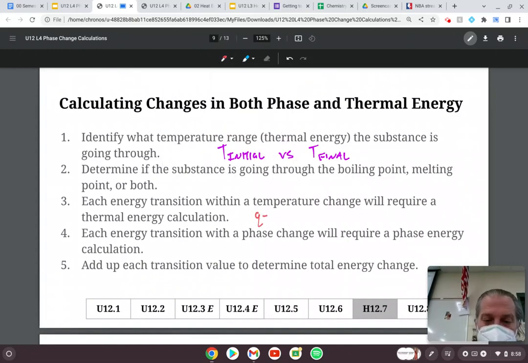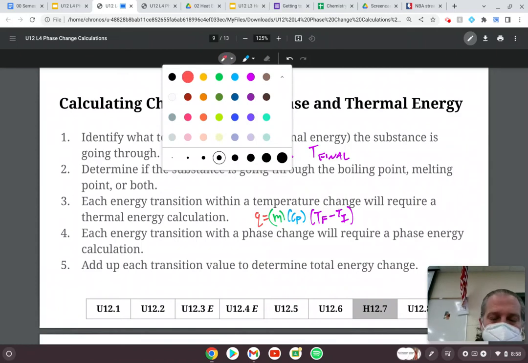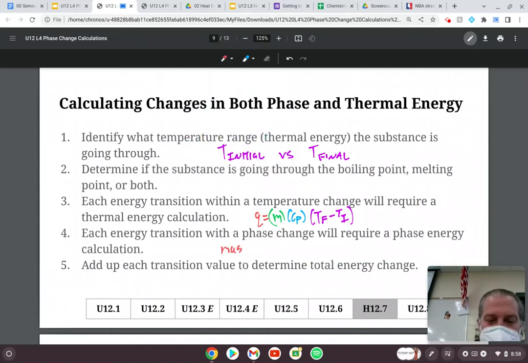Each energy transition within the temperature change will require a thermal energy calculation, and that's this formula here, where heat is equal to mass times specific heat times change in temperature. And each energy transition with a phase change, going solid to a liquid, liquid to a gas, would be a mass to mole to energy calculation.